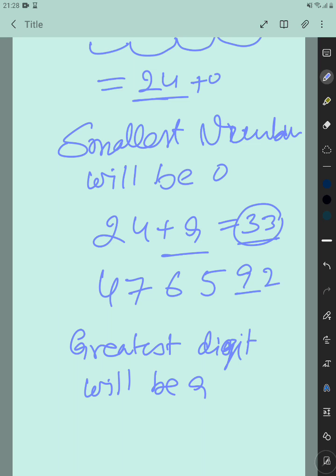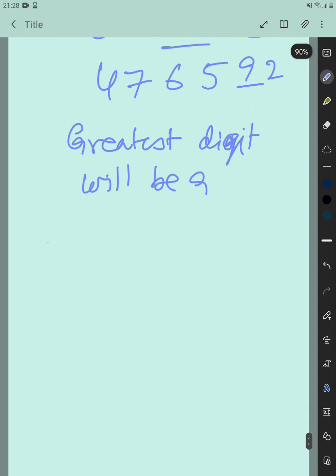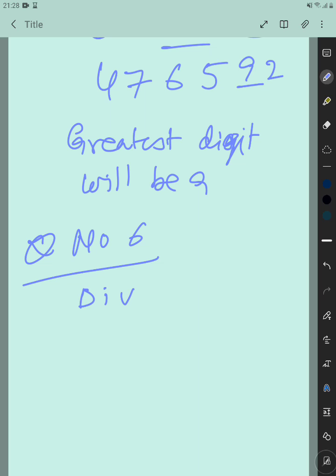Now we have the last question, question number 6. Write a digit in the blank space of each of the following numbers so that the number formed is divisible by 11. So we need to find divisibility by 11.